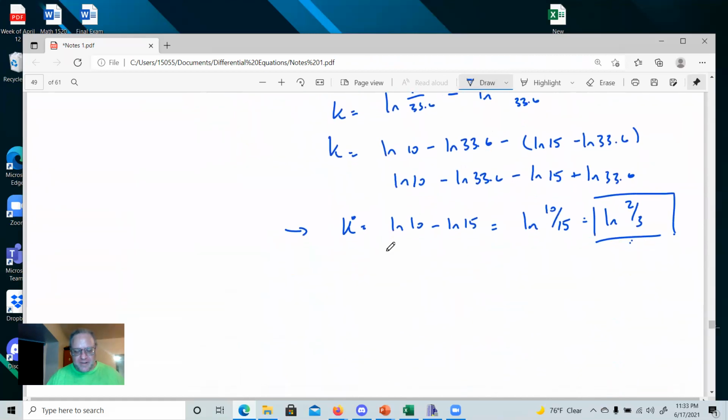So here we had 15 is equal to 33.6 e to the k star t. We're solving for t now. Solve for t: 15 over 33.6 is equal to e to the k star t.